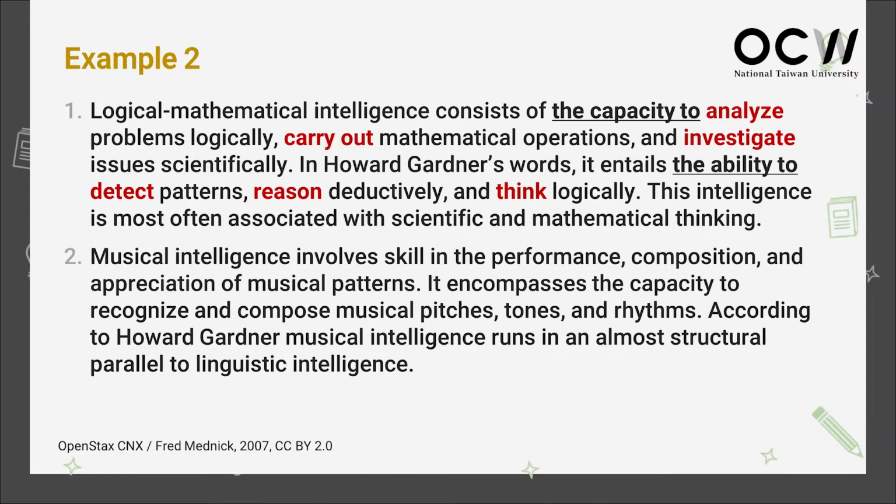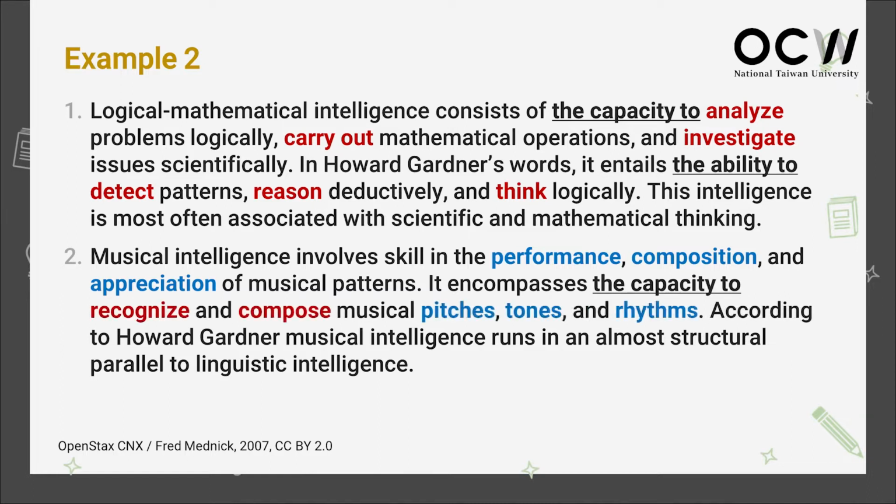Let's look at paragraph 3, shall we? In paragraph 3, unlike paragraph 2, it uses a lot of nouns. For example, it started with the definition of what musical intelligence is, what it involves: performance, composition, and appreciation. All these are definitions of what is needed to perform musical intelligence.